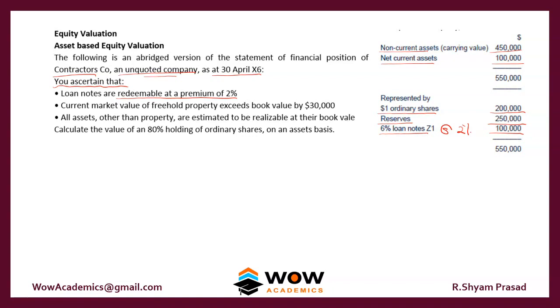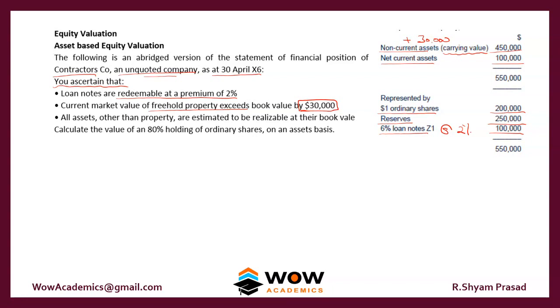The current market value of the freehold property exceeds the book value by 30,000. The freehold property would be in the non-current asset, so you can add another 30,000 because the value of the freehold property exceeds the book value. Book value is 4,50,000, so the actual non-current asset value should be 4,80,000.